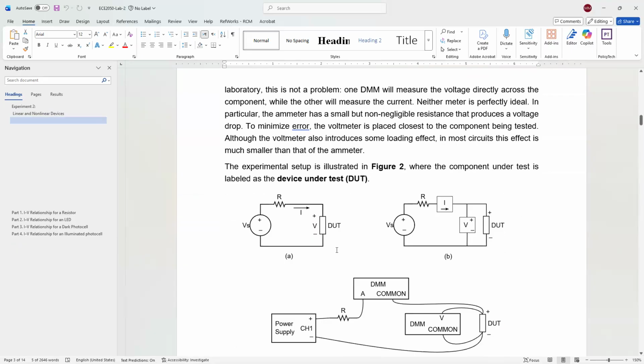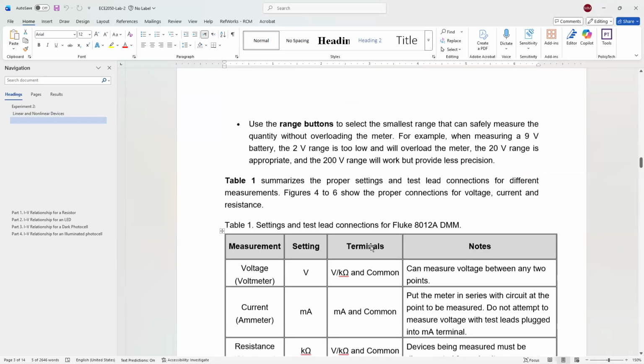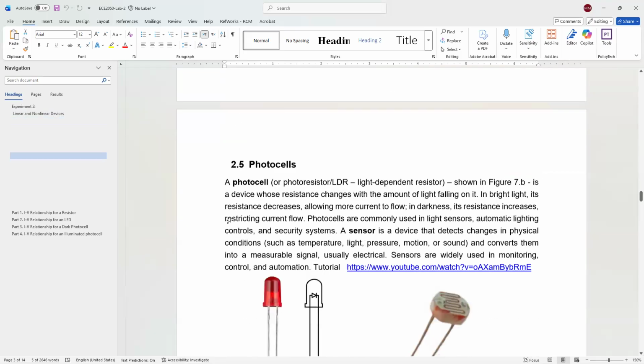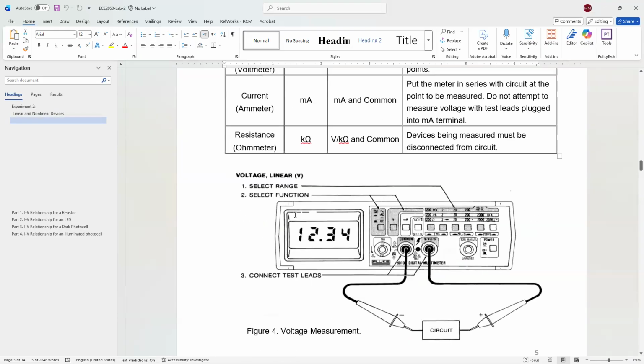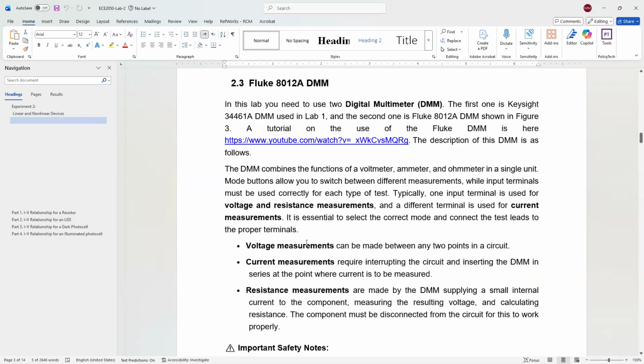In one experiment, we're going to put a normal resistor here. In another experiment, we're going to put an LED. In the third experiment, we're going to put a photo cell.